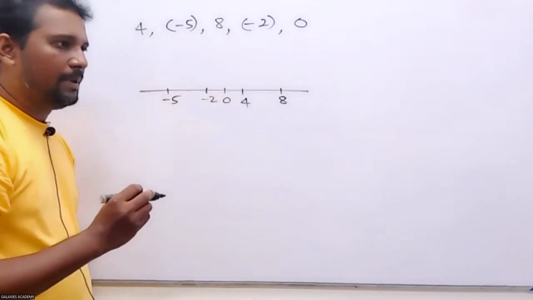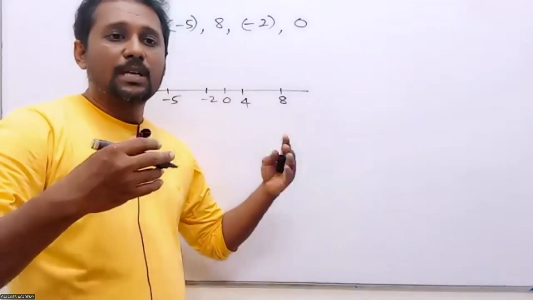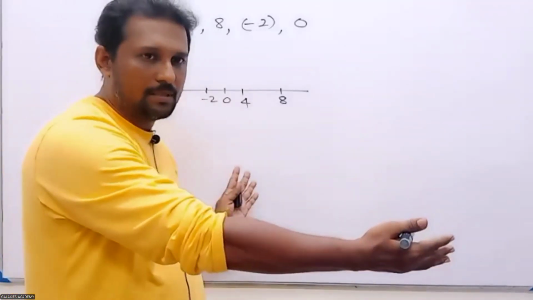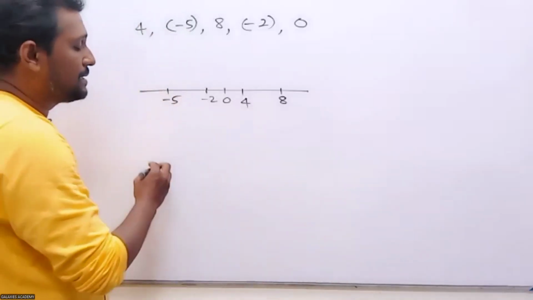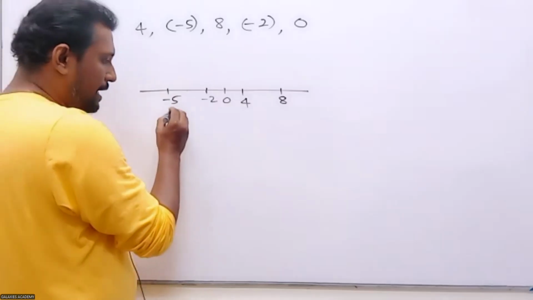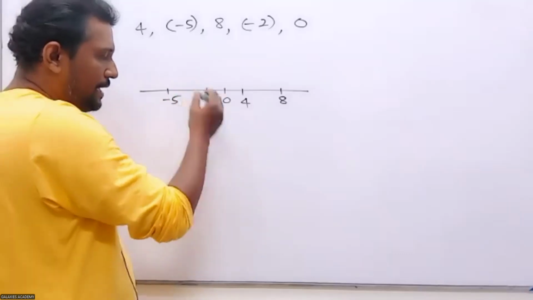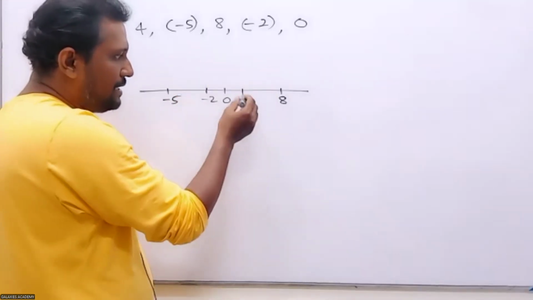Then you remember, when you compare the directed numbers, which values are larger? Your right hand side values are the larger numbers than left hand side, right? So which one is the smallest one? -5. Next larger one is -2. Next larger one is 0. Next larger one is 4.